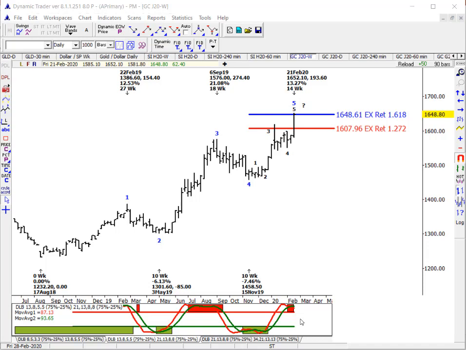So keep that in mind. Now I'm not going to go into detail on this. I did with subscribers in our extensive video this past weekend, but silver and the GDX are in a very bullish technical position. So what happens when you've got a conflict? You've got silver and GDX in a bullish technical position, and you've got gold, which is looking to be at or very near a very bearish technical position.